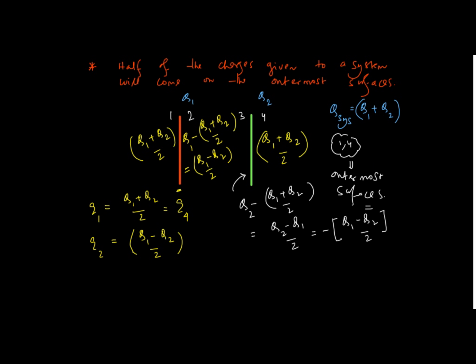So Q3 comes to be minus of (Q1 minus Q2) by 2. Now you see the interesting part here, and that is the most important thing. If you see the charge distribution, you will see that equal and opposite charges are being formed only on the inner facing surfaces.